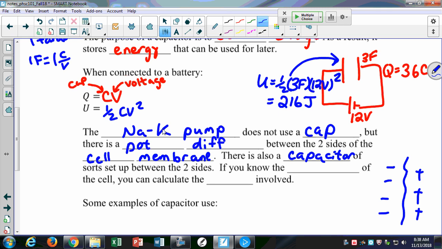People in the medical sciences will talk about it as a capacitor. They actually assign a certain capacitance to the cell membrane. So if you know the capacitance of the cell, then you can calculate the charges that are involved. In a later section, we'll get into the sodium-potassium pump and how all this works, but we'll lay that aside right now and realize that we'll talk about our cell membrane in terms of capacitance because they have this separation of charges just like in a capacitor.